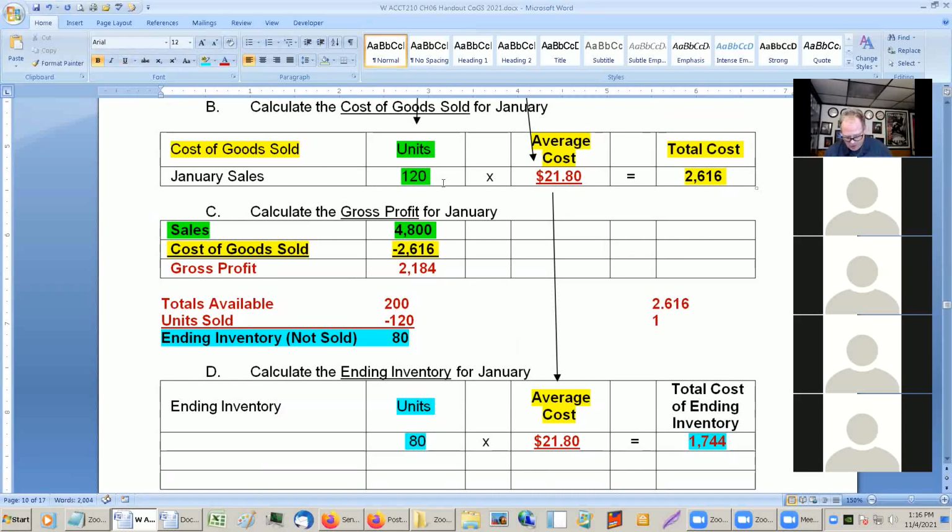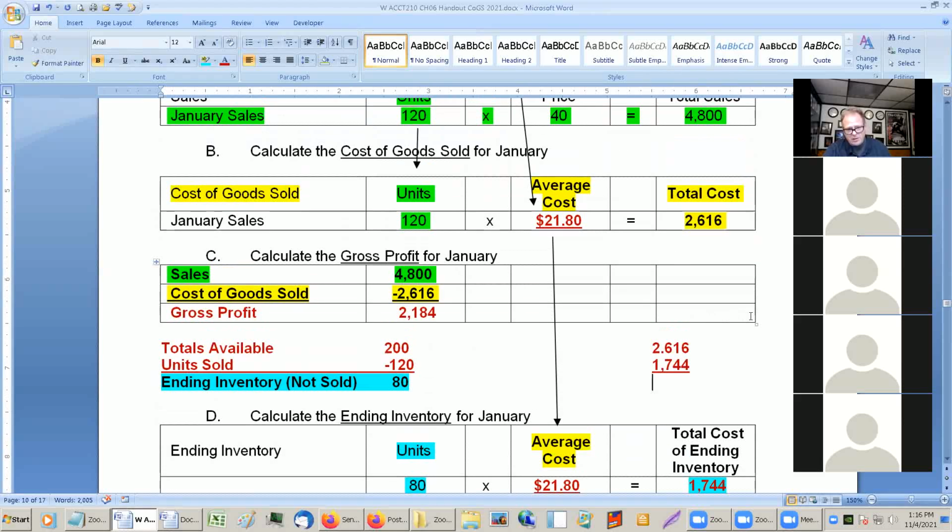So at this point, once you get the cost of goods sold, you could actually just subtract to get the ending inventory. Okay, so this should come out. Now let's get a calculator here.